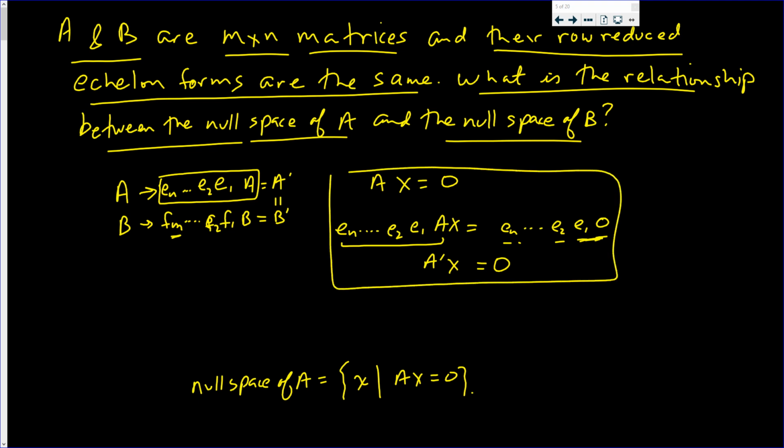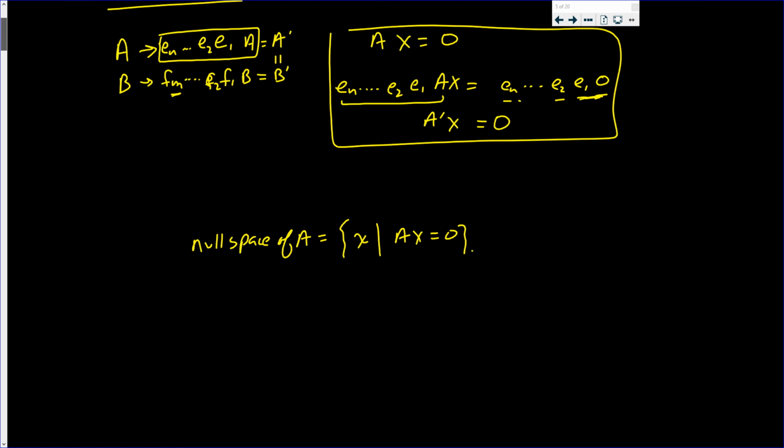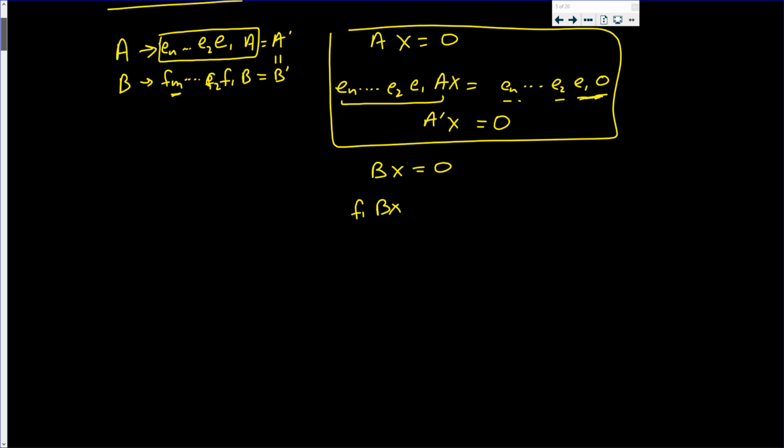Okay, now let's do the same thing to B. Likewise, you have BX equal to 0. And on the left side of BX, you multiply by elementary matrix F1 and then F2 and eventually Fm.